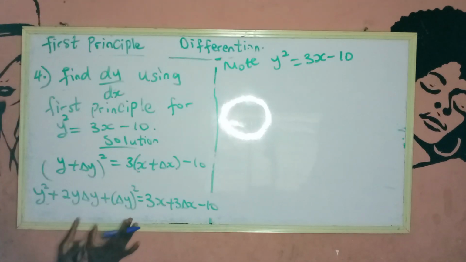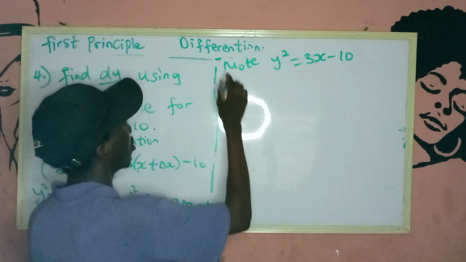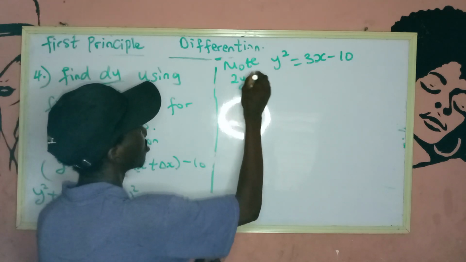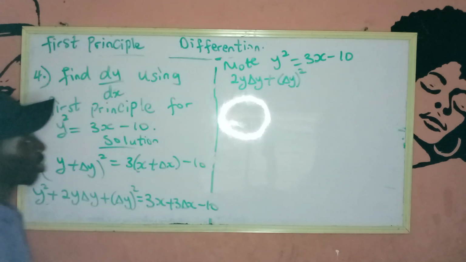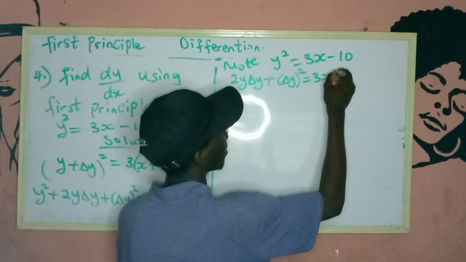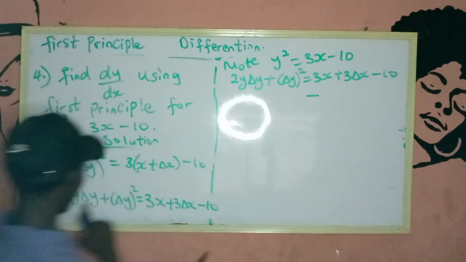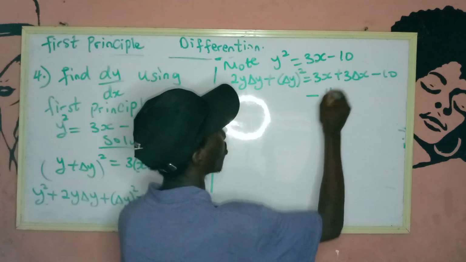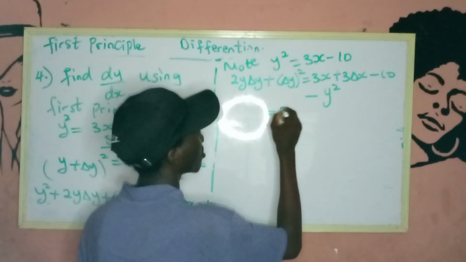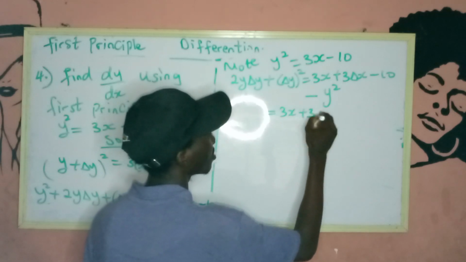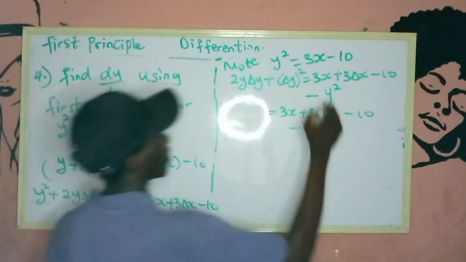So this, I will leave on the left hand side. I'll be left with 2y change in y plus change in y squared, and that will be equal to 3x plus 3 change in x minus 10 minus, moving y squared to that side. By using that, that becomes 3x plus 3 change in x minus 10 minus, my y squared is 3x minus 10.